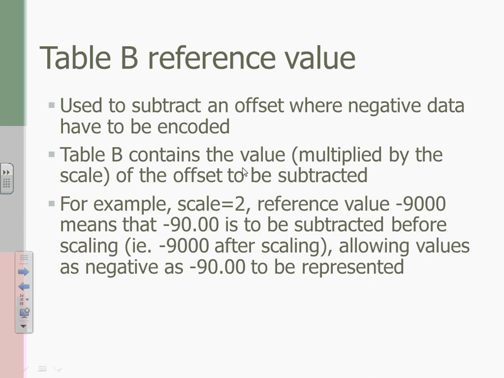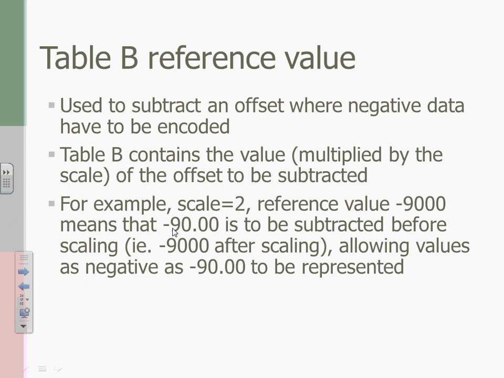Another thing is the reference value. This is used to subtract an offset where negative data have to be encoded. So table B contains the value multiplied by the scale of the offset to be subtracted. For example, with scale 2 and reference value -1900, as I said before, scale 2 means 2 decimals here.